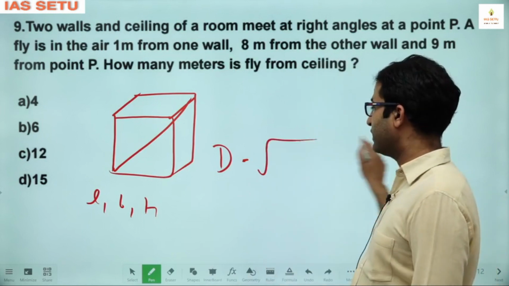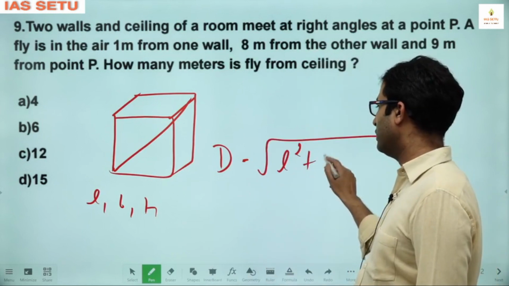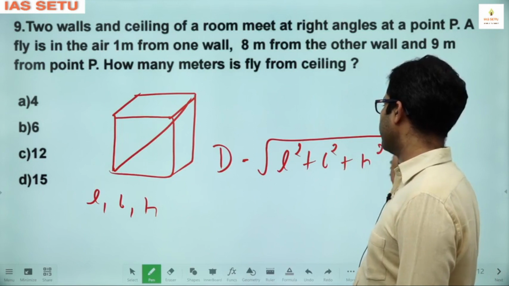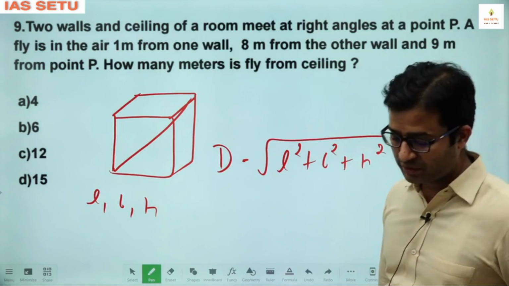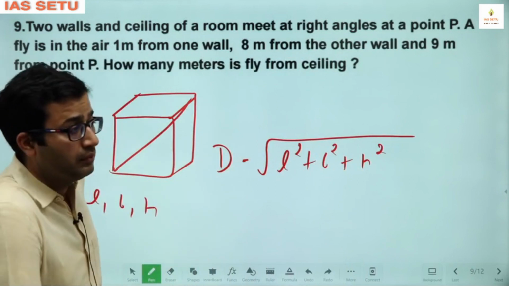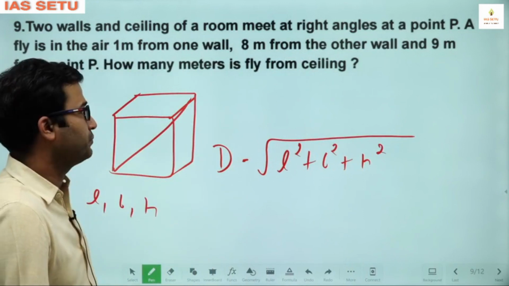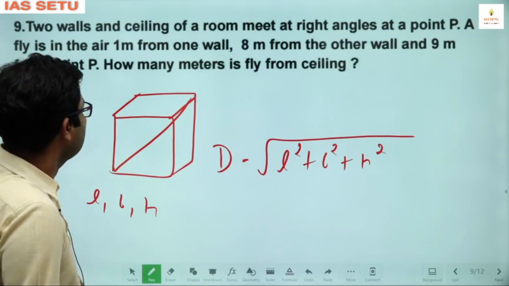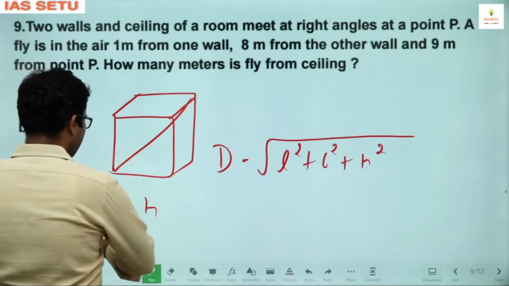That is the diagonal. That is under root length square plus breadth square plus height square. This formula is important to understand this question. And the second thing is the diagram. First we read the question.